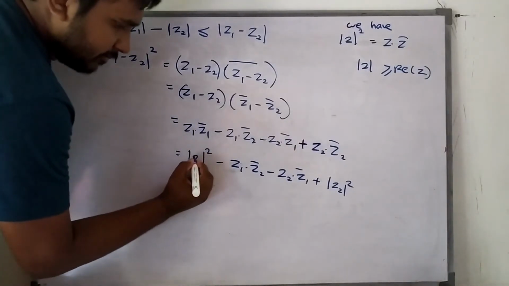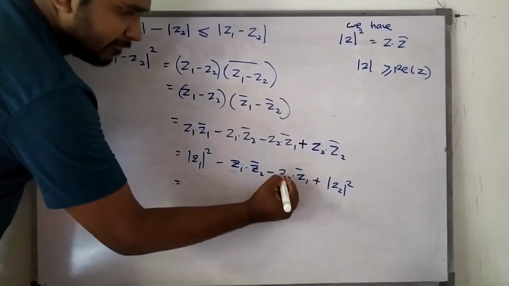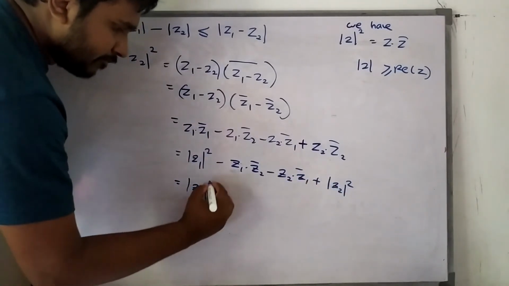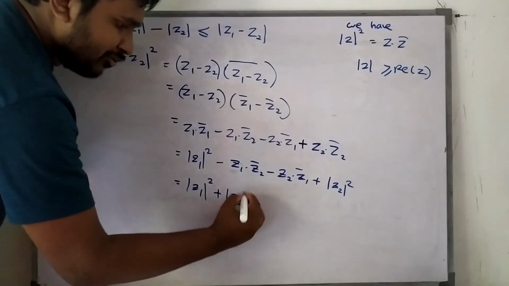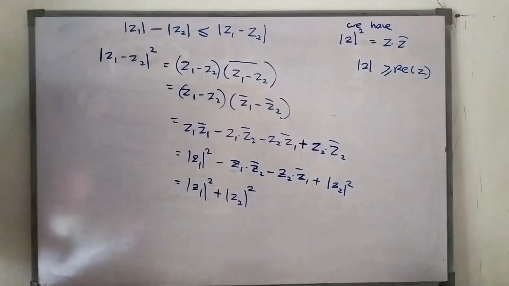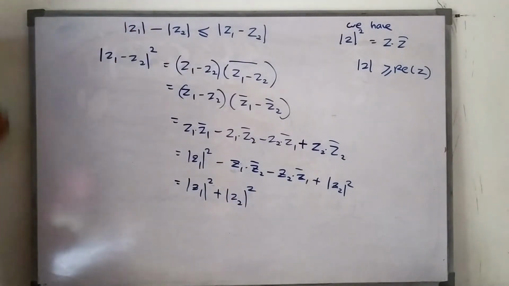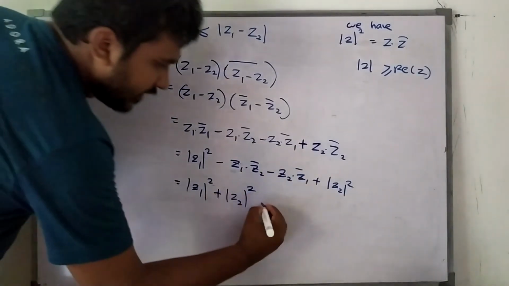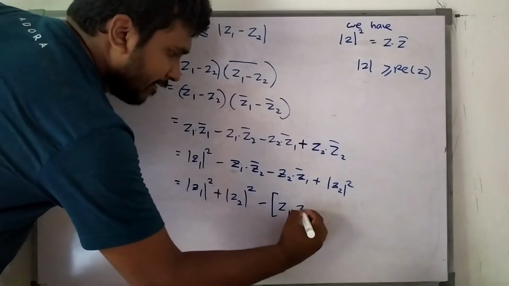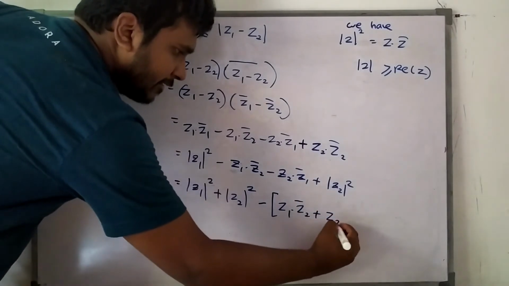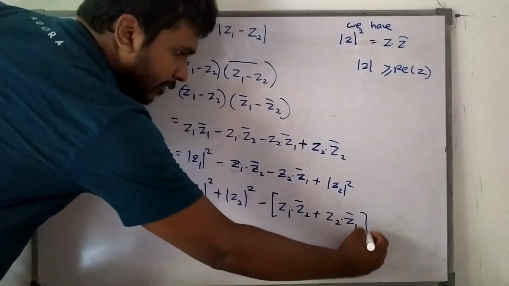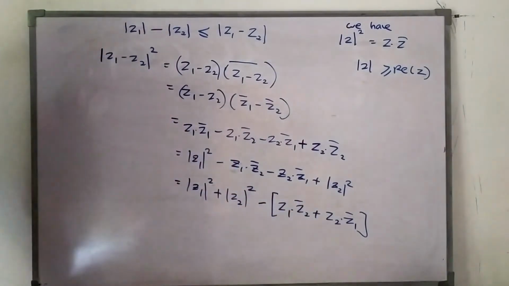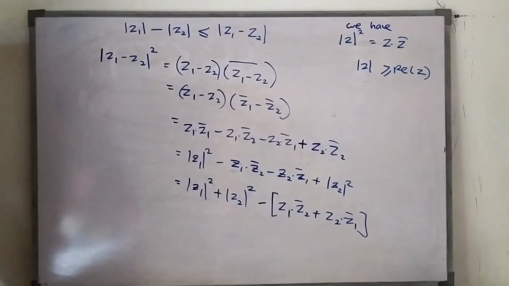And I'm taking all the z1 plus z2 together, and according to this, I'm taking minus out, z1 z2 bar and z2 z1 bar. So what is this? This is the other important part.